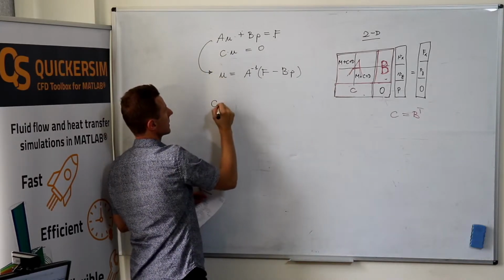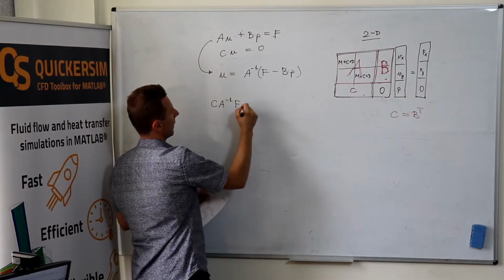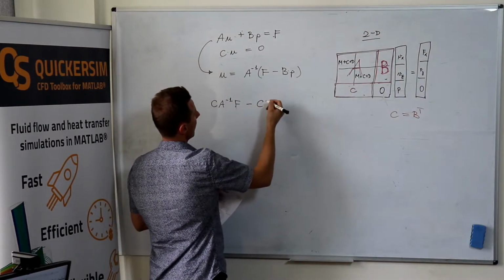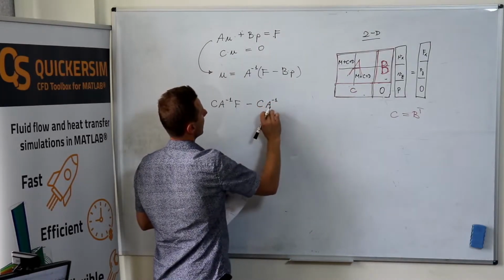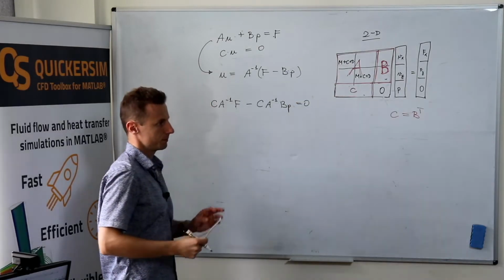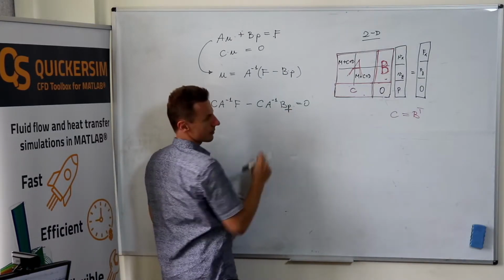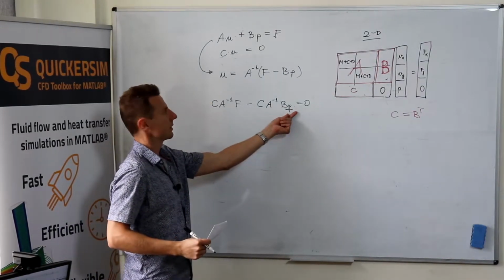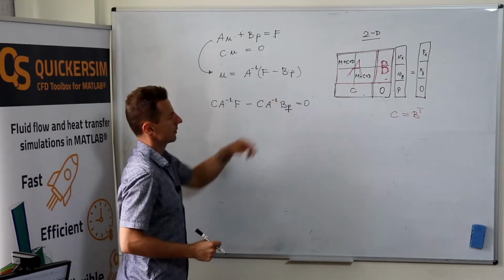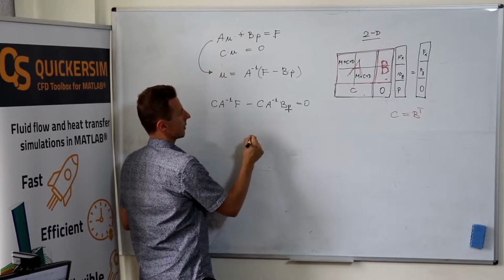Then we see that C A^-1 F minus C A^-1 B P equals 0. What's the unknown? The only unknown is the pressure field, the pressure field that we need to satisfy the equality constraint stating that the divergence of the velocity field is 0.